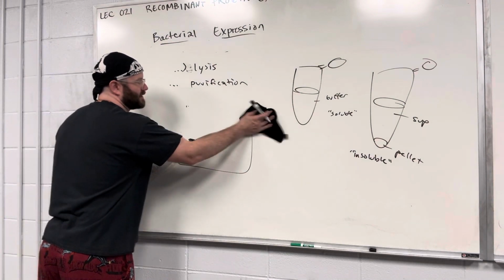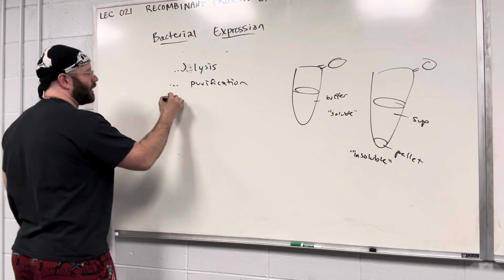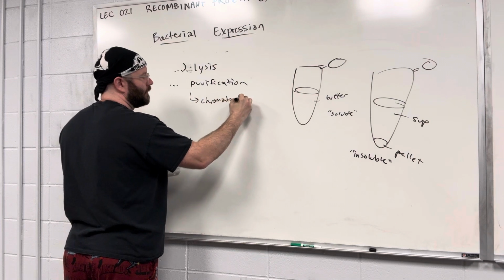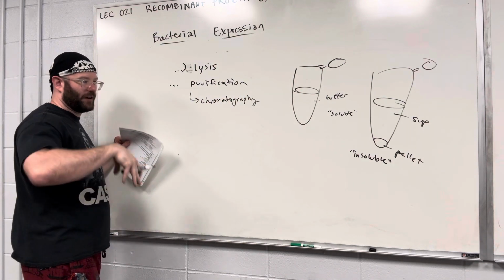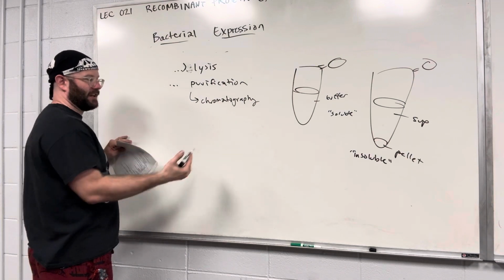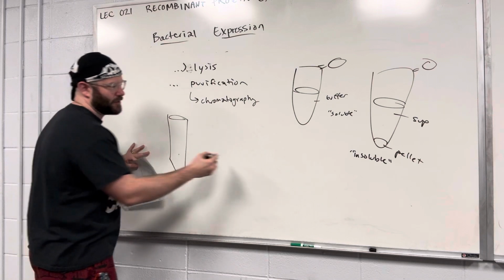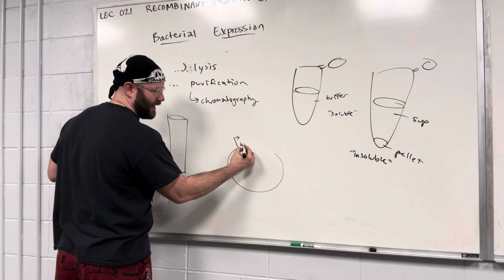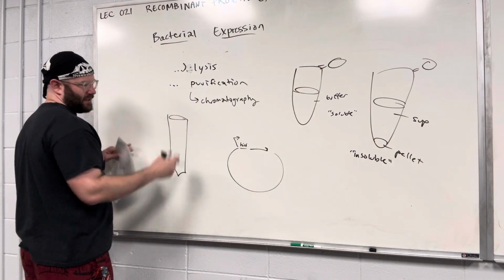Given that it's soluble, usually what happens is some form of chromatography. We've talked a lot about a very specific form of chromatography that involves tags, and that's affinity chromatography. If you're doing recombinant protein expression, you'll usually have in your plasmid something like a His tag, which has 6 histidines.